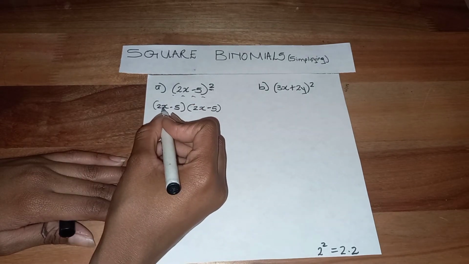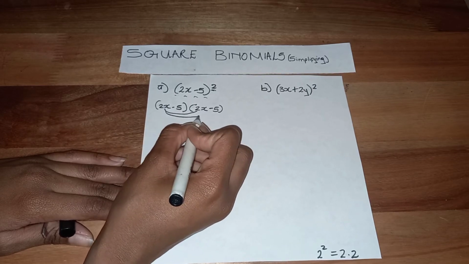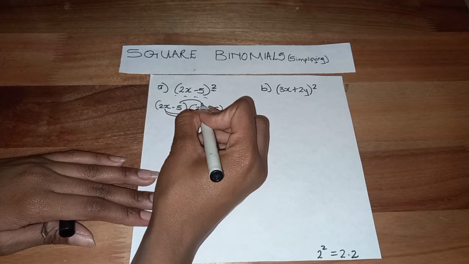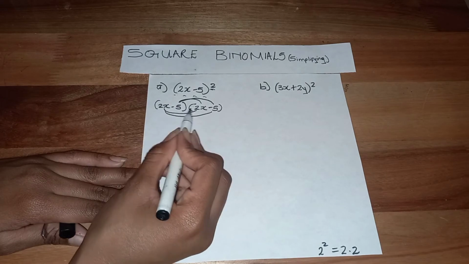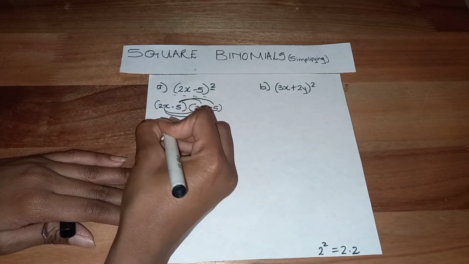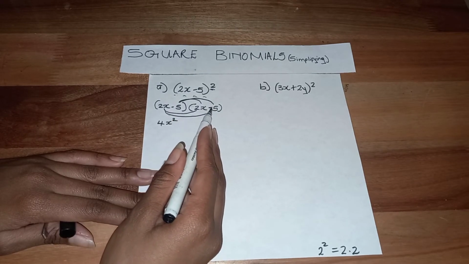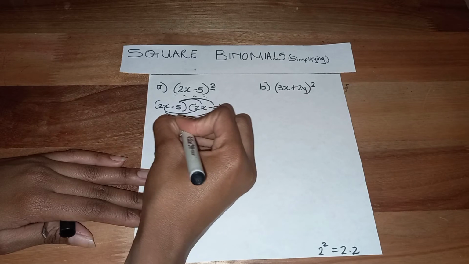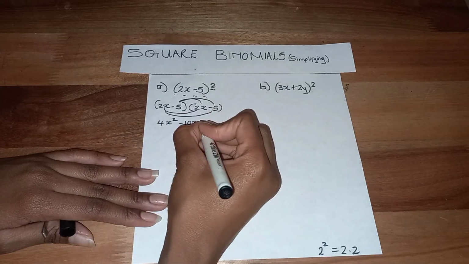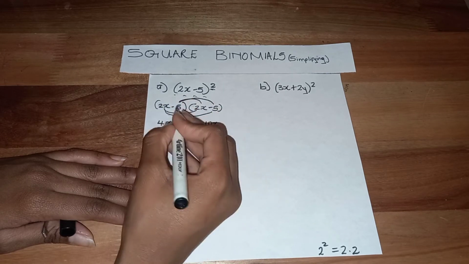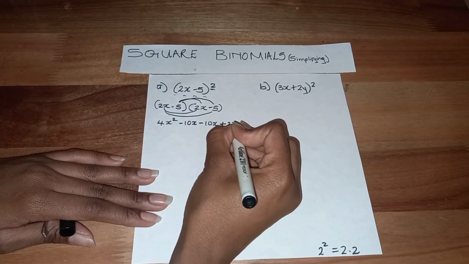So we can simplify it: 2x times 2x, using the normal method of FOIL, or the distributive property. 2x times 2x gives us 4x squared, and then 2x multiplied by -5 is -10x, and then -5 times +2x is -10x, and then -5 times -5 is +25, right?